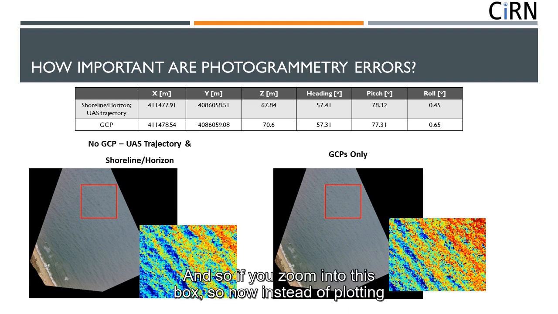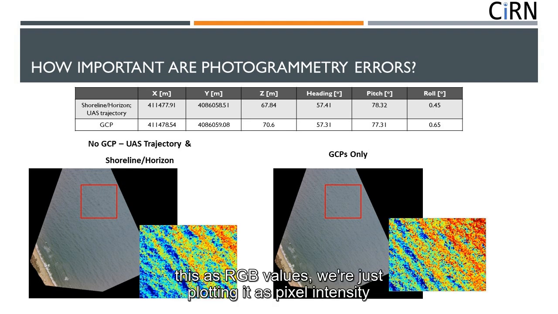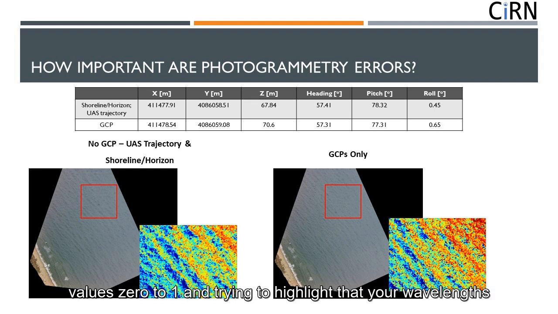If you zoom into this box, now instead of plotting this as RGB values, we're just plotting it as pixel intensity values 0 to 1, trying to highlight that these wavelengths look a lot different between these 2 pictures.